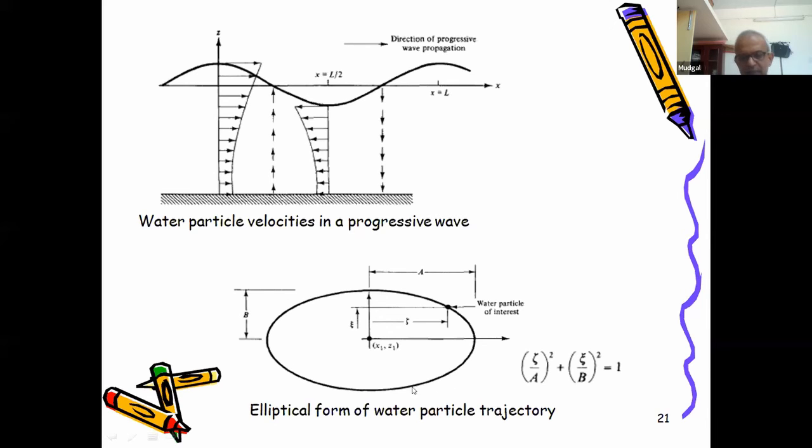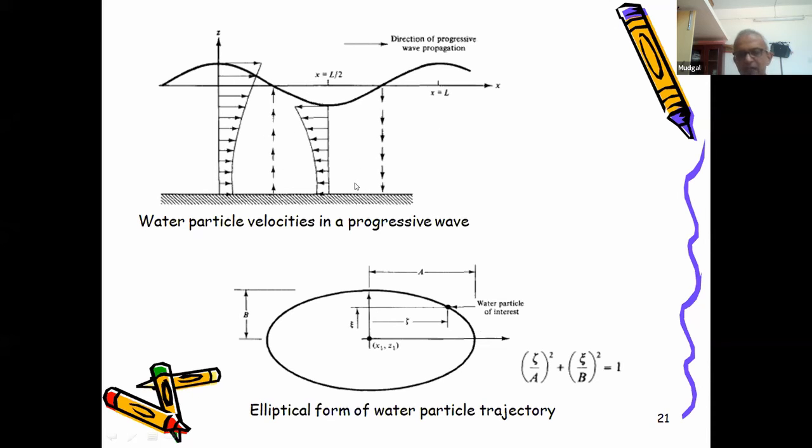If you look at this trajectory to be some sort of a streamline, then whenever you draw the tangent, the tangent will have a maximum value here and then goes on. Then here it would be vertical and so on. So this gives you the elliptical form of the water particle trajectory, which you can easily envision from this diagram.